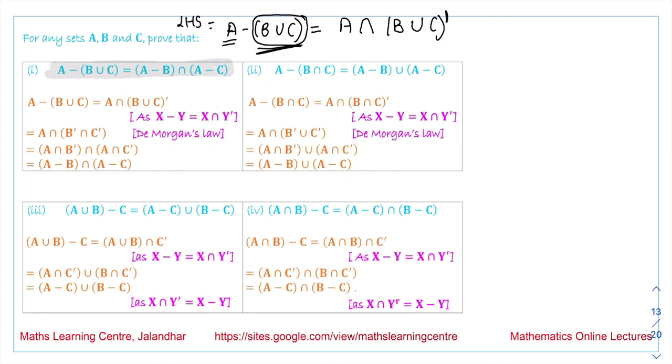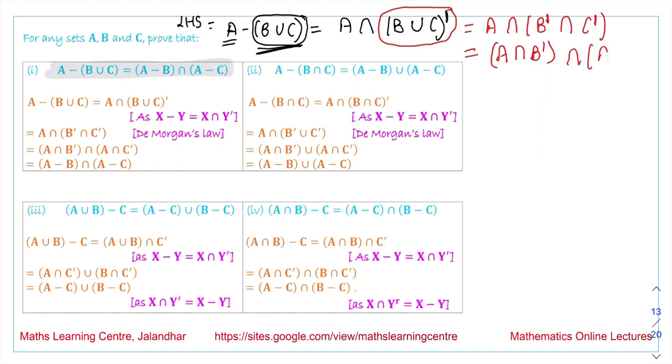So by using De Morgan's law on this, we obtain that this is equal to A intersection B complement intersection C complement. This is equal to A intersection B complement intersection A intersection C complement.